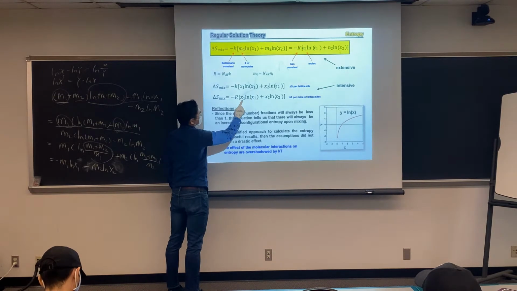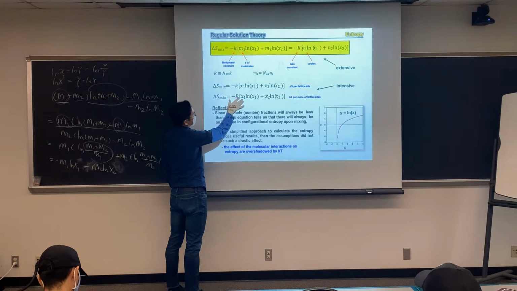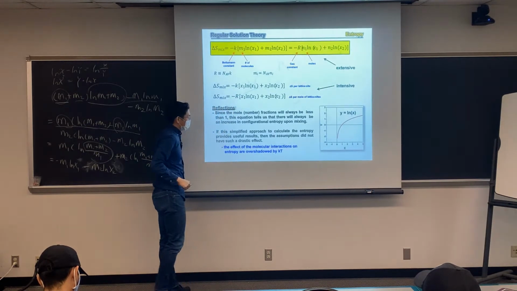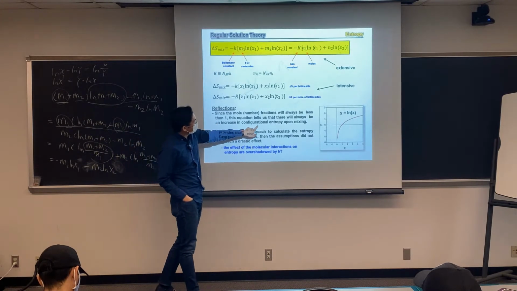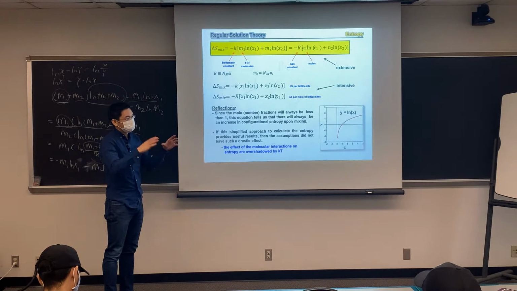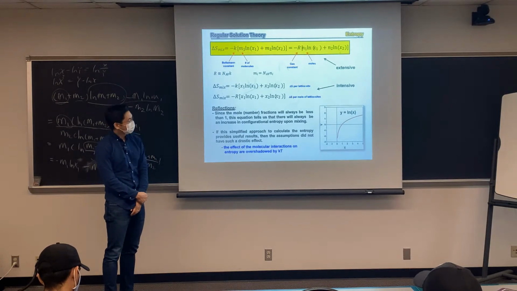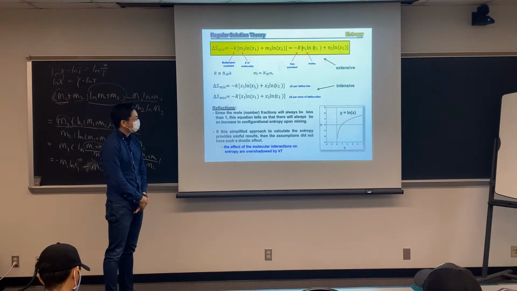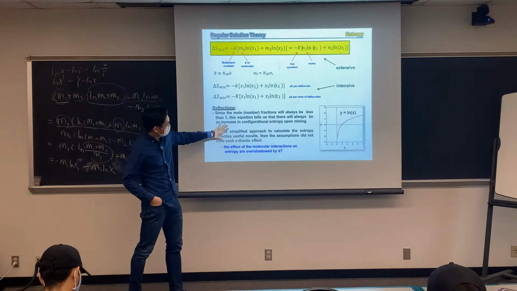So this term will be negative, and there's a negative sign in front of it. So combined together, delta S mix will always be an increase in configurational entropy upon mixing. It basically says when you mix two, entropy goes up. Makes total sense. Okay? So this gives you a simple approach to calculate how much the entropy increases.